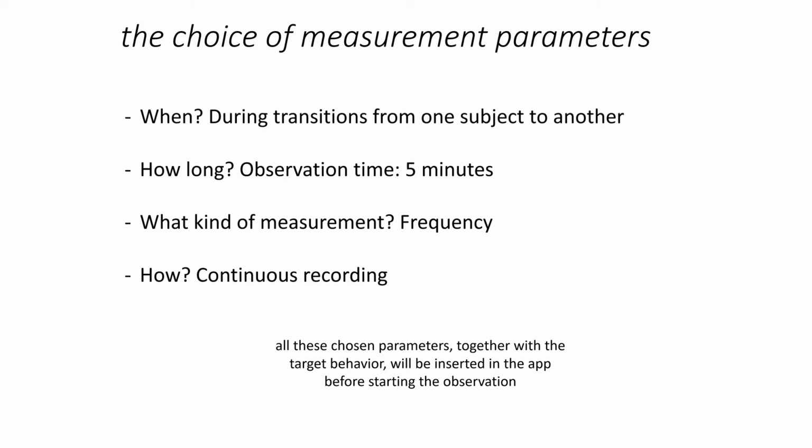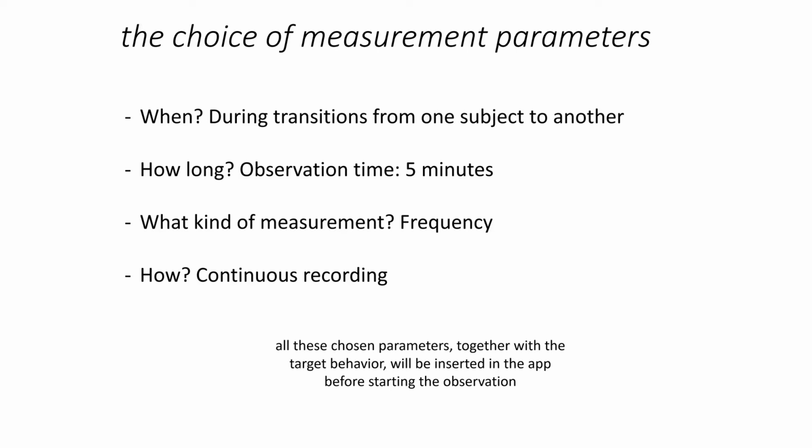From the interview with the teachers, it emerged that the target behaviors occurred generally during the transition from one subject to another. This is very important information to define how and when to observe the behavior.